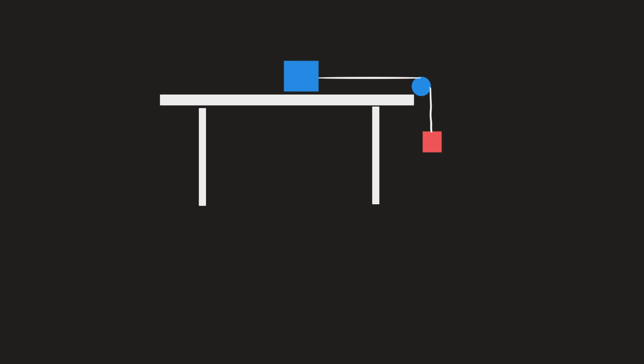Okay. So they tell us that there's no friction in the problem. And this is the mass on the table, and this is the mass that is hanging. I want you to understand what they're getting at here, okay?